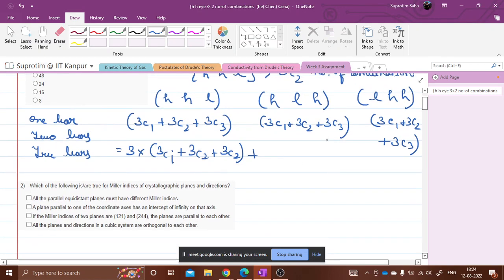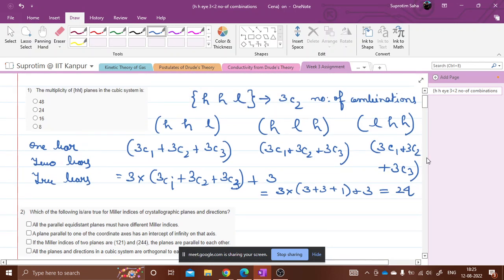So there's no negative index, so for that 3. So this is 3 into 3 plus 3 plus 1, plus 3, this is 24. So the multiplicity of HHL planes in the cubic system is 24. So there can be 24 candidates in this family of HHL planes. Alright, so the right answer is 24.